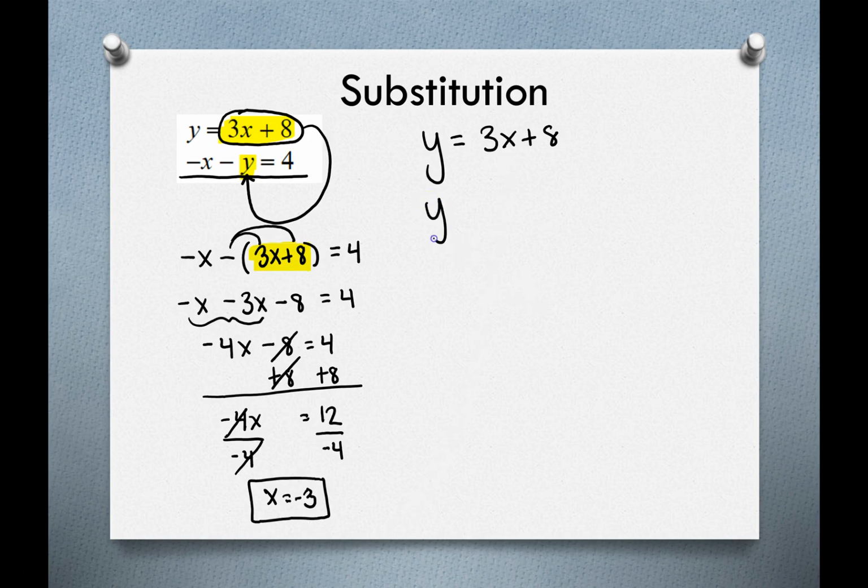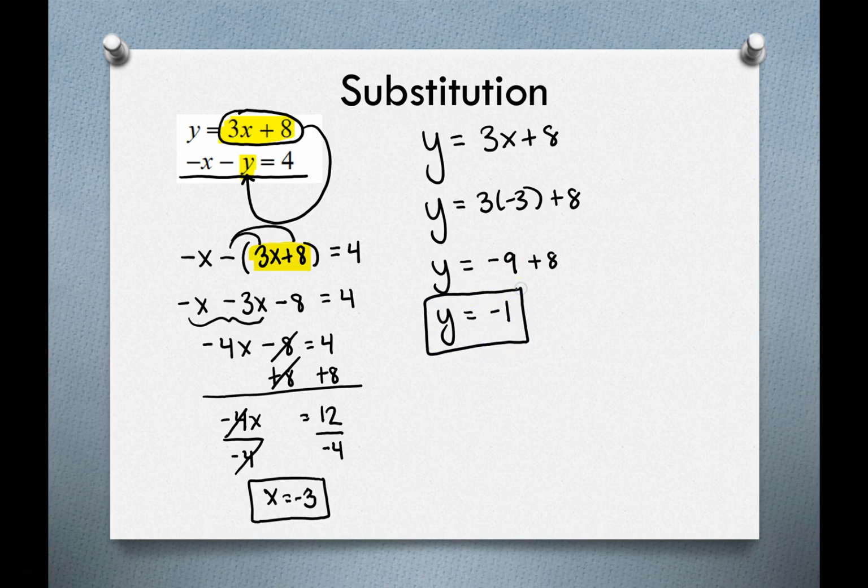So I get y equals 3 times negative 3 plus 8. This gives me y equals negative 9 plus 8, or y is equal to negative 1. Again, you can answer your problems with just that, or you can give me a coordinate of negative 3, negative 1. Both work.